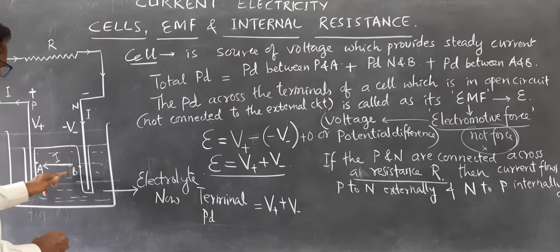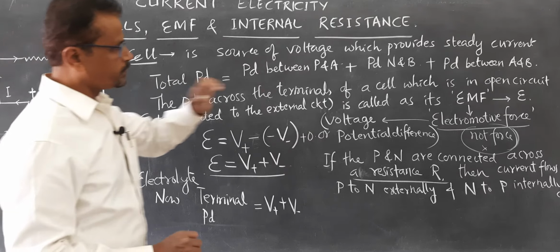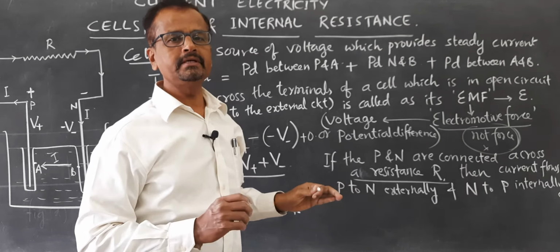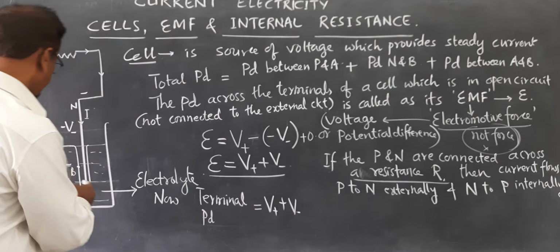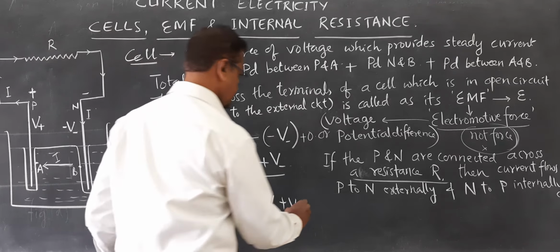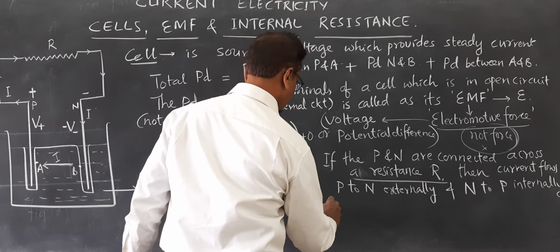Next, the current is flowing from B to A. So, the potential difference between B and A will no more be 0 now, because the current is flowing from N to P. So, it becomes minus Ir.